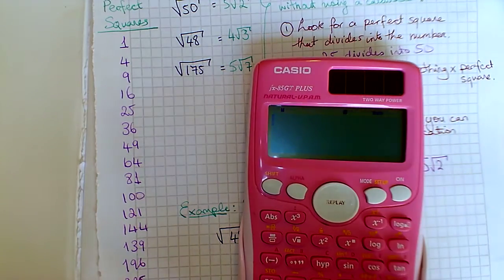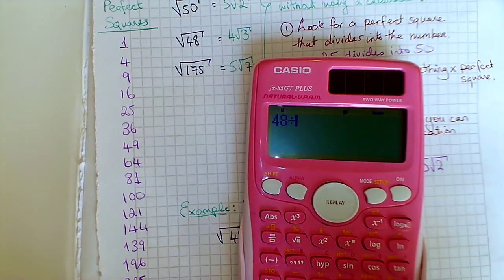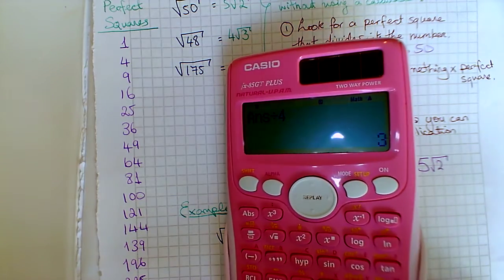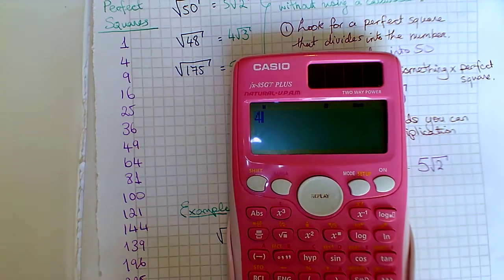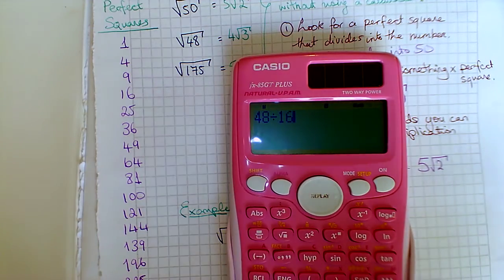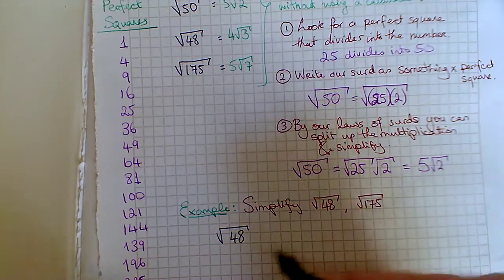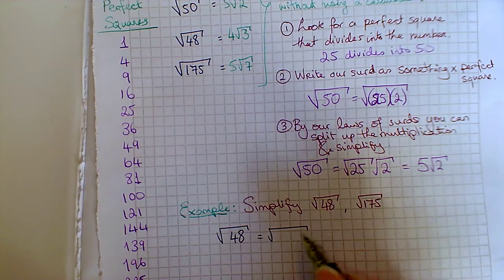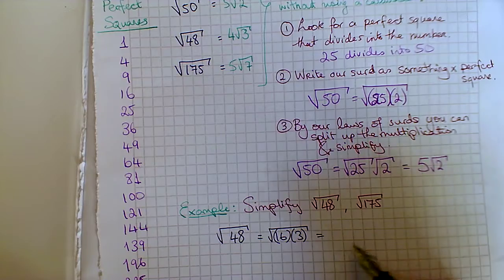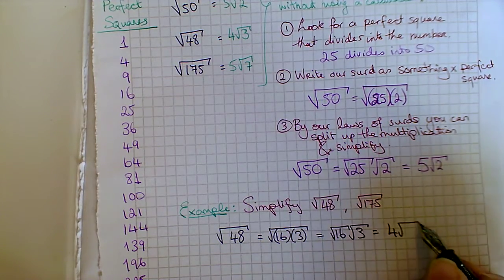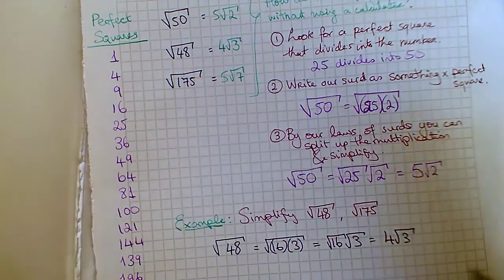Excuse me. So we use our calculator to help us. Okay, well 4 definitely goes in. But you know what? 4 goes into 12 as well. So 4 goes in twice. I'd hope you'd realize that 48 can be divided by 16. So the square root of 48 can be written as the square root of 16 times 3. And that's the square root of 16 multiplied by the square root of 3, which is 4 root 3, which is the same answer our calculator gave us.